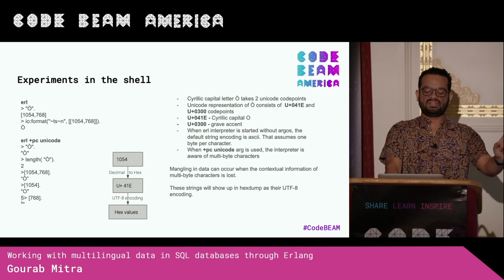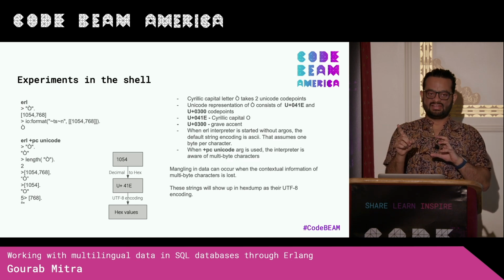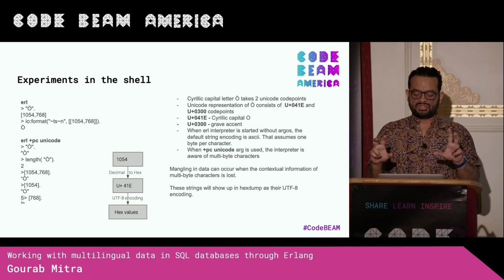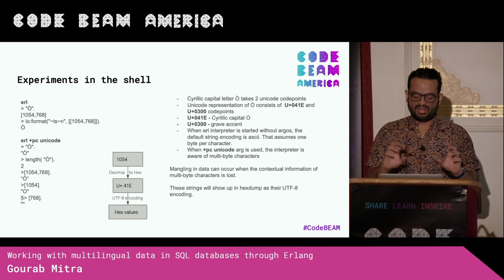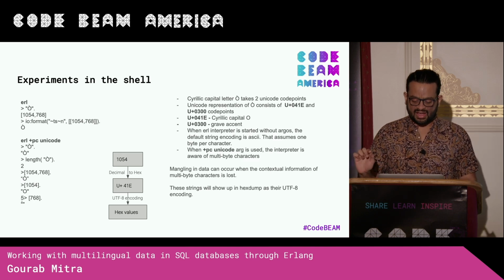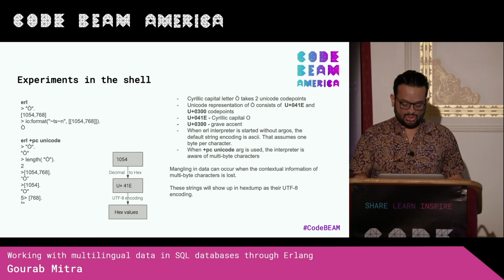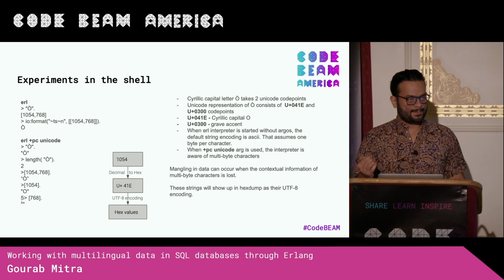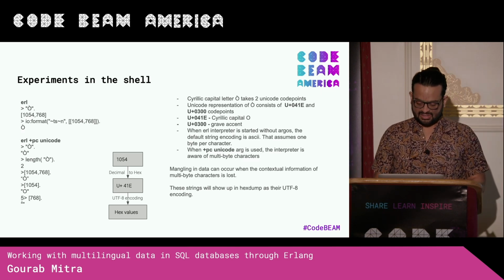What this output is saying is O with a grave accent can be represented by two code points, O and the grave accent. The grave accent is U+0300, which is the hexadecimal representation for 768.